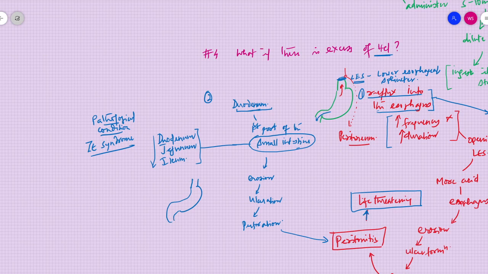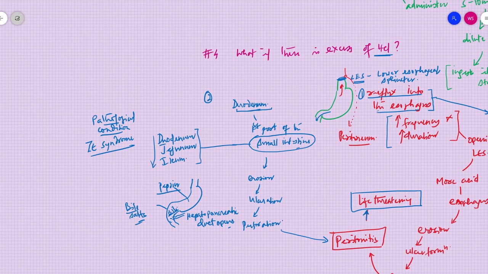Also, we need to remember that after the stomach, the duodenum forms a C-shaped anatomical structure. Into this C-shaped area, the hepatopancreatic duct opens, which brings bile. This bile contains bile salts, and the gastric juice contains pepsin.